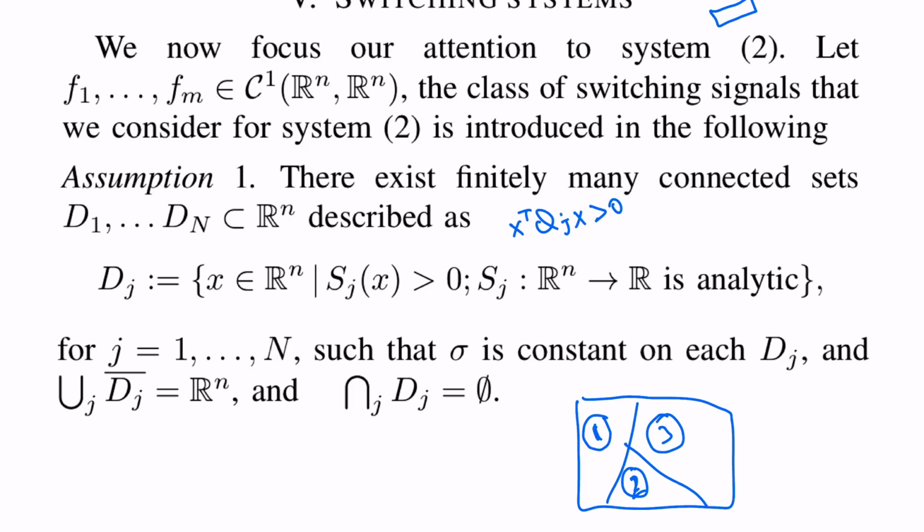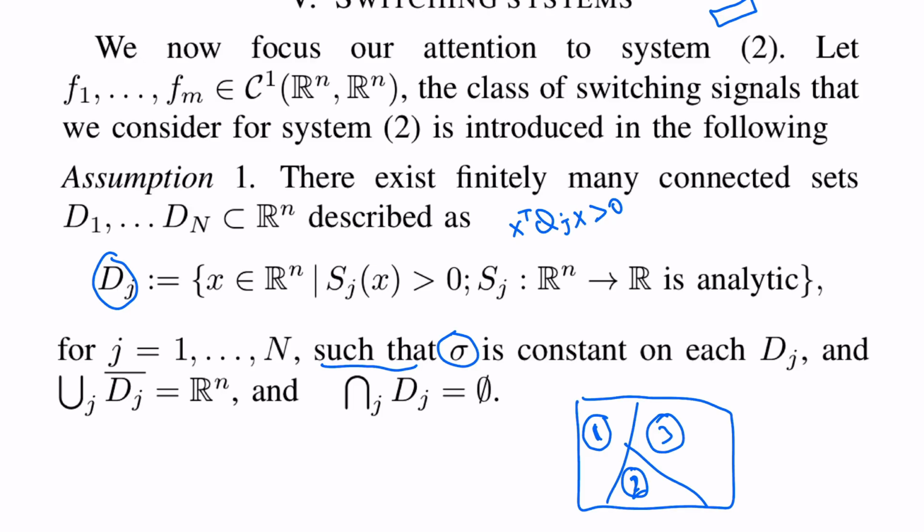Okay. And here's the thing, we need to have those sets and of course the functions corresponding to them, such that sigma is the mechanism by which you determine for a given x which subsystem is active, right?